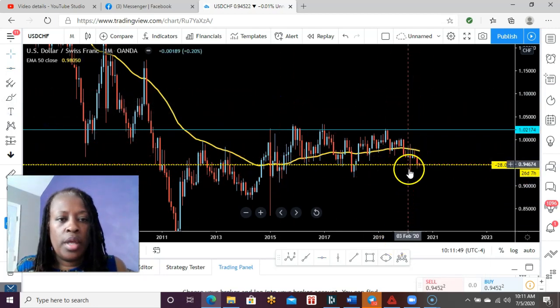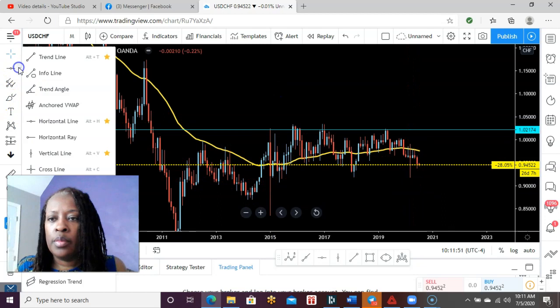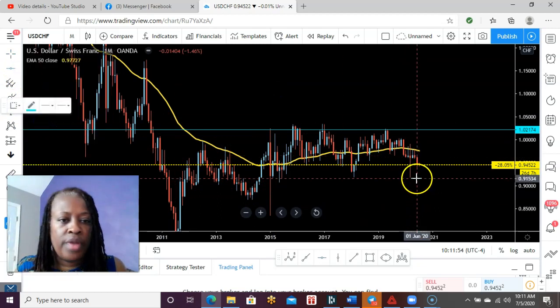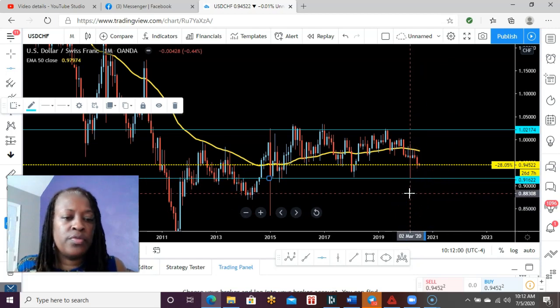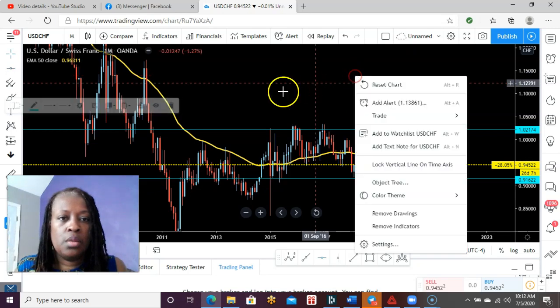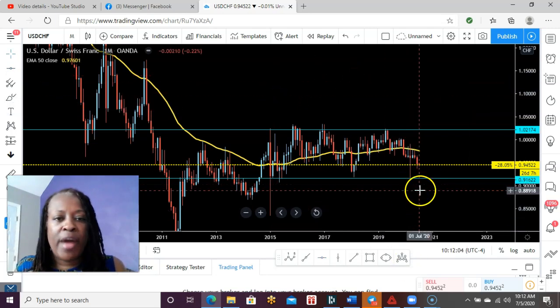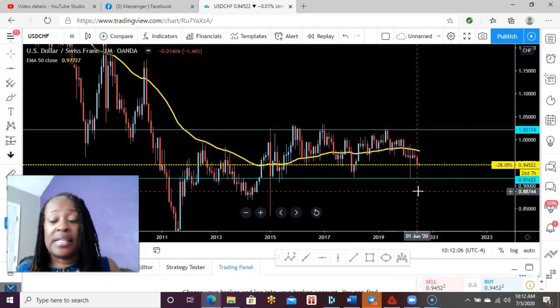And then the low area, I'm going to go with this point right here, which is March of 2020. So now we've trapped price.